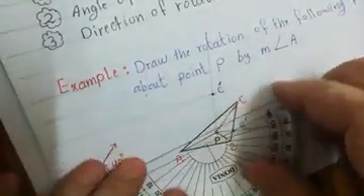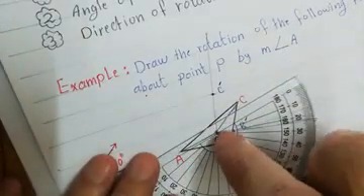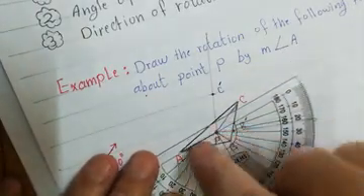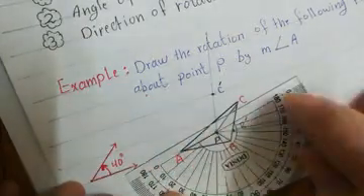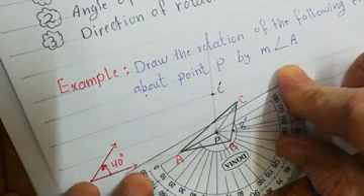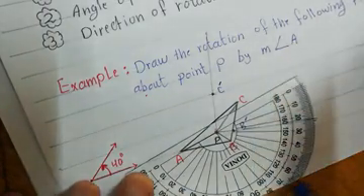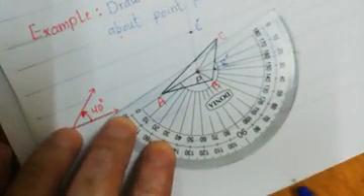Sorry, I have to move from this direction. I will fix the center of the protractor and the zero line with this one. Sorry, I will move it like this, just a little bit.